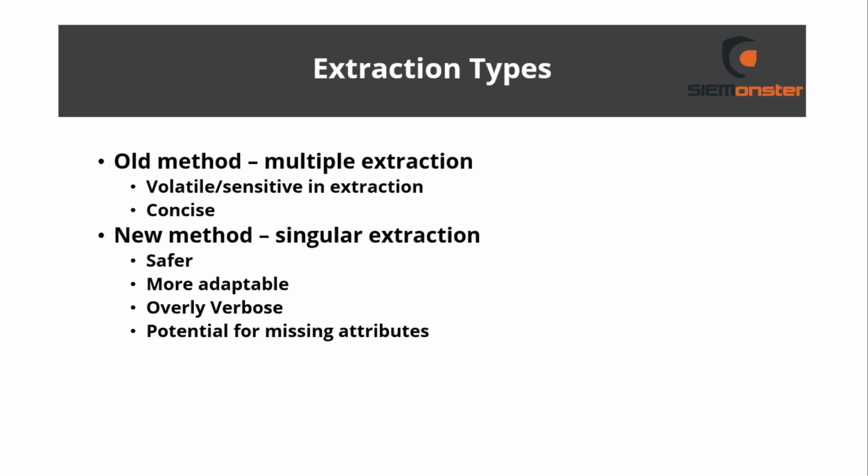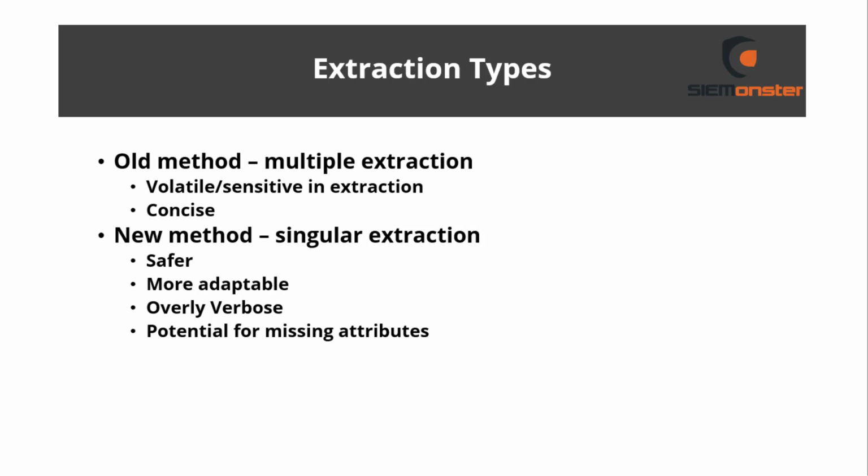It all depends on your coding style, the complexity of the data that you're working with, and how much time you would like to spend on that. The old method is very volatile and sensitive with its extraction mechanisms, but it is significantly more concise. I'll explain what I mean by concise after we've covered the singular extraction.